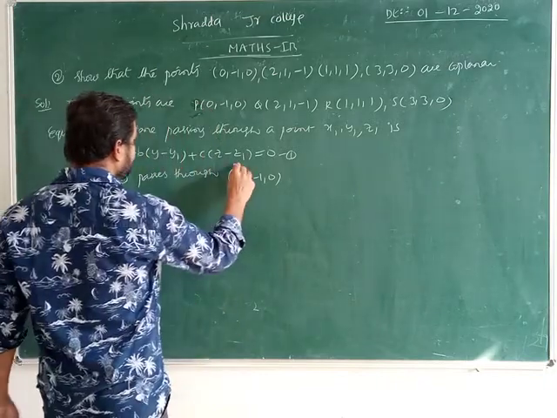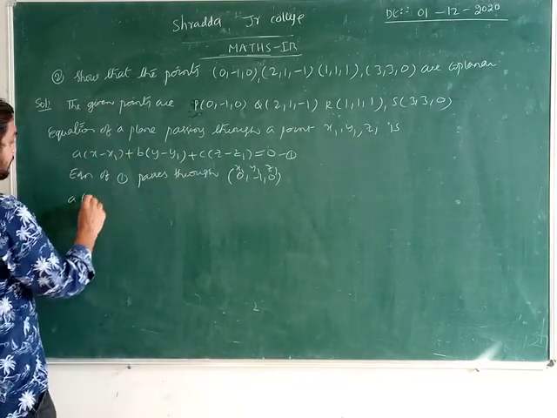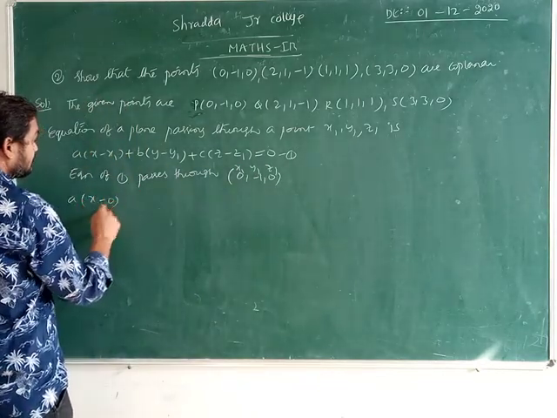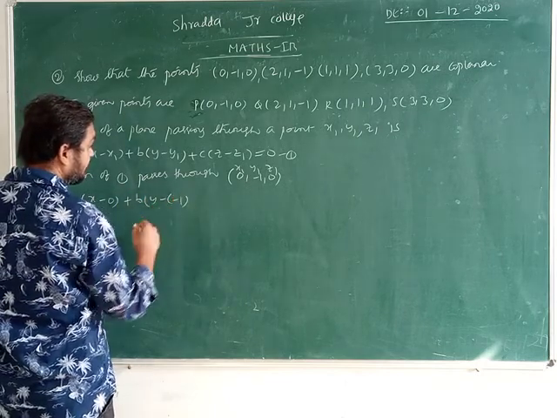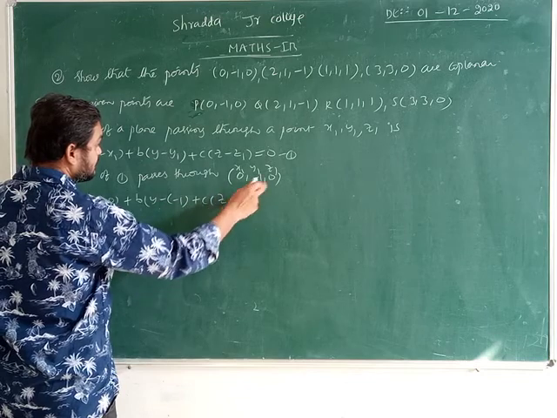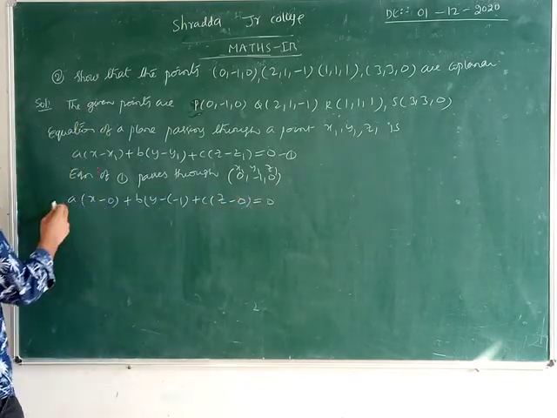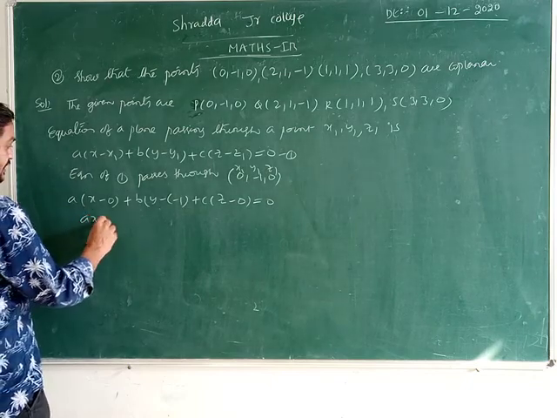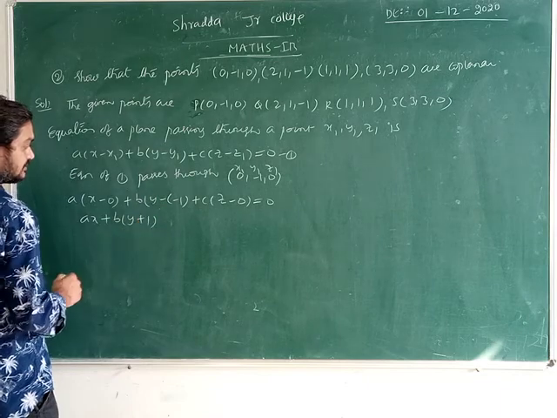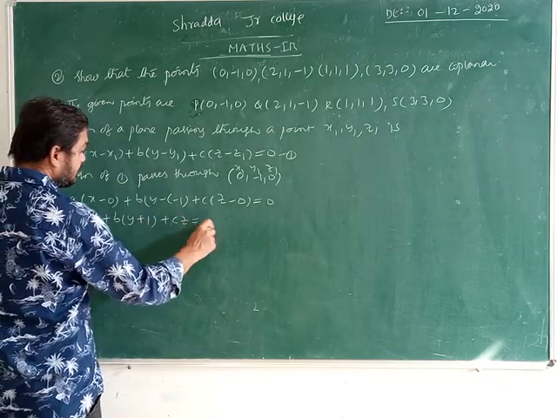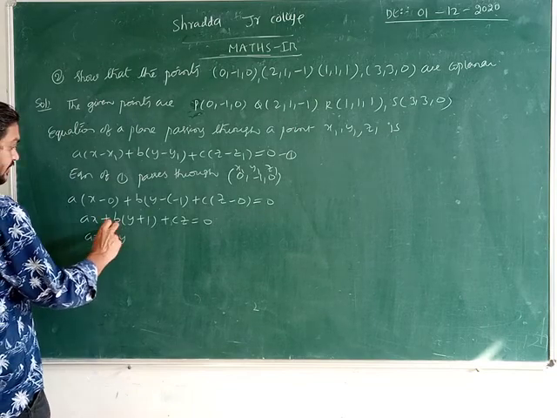I will take this as x1, y1, z1. Now a into x minus 0, plus b into y minus (-1), plus c into z minus 0 equals 0. You see here, ax plus b into y plus 1, plus cz equals 0.